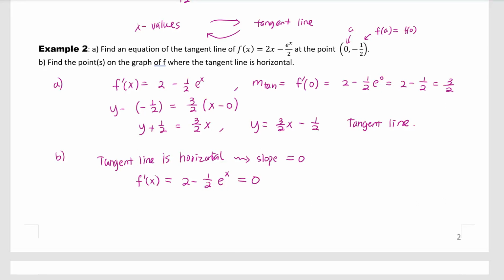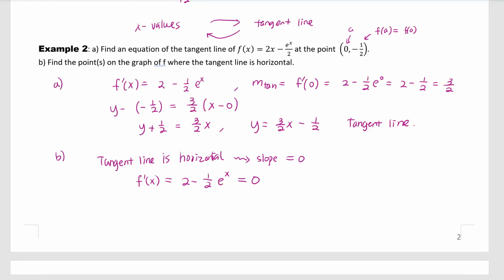Don't plug in x is 0. See? Part A, you plug in x is 0, okay? Because you're looking for the tangent line at 0. But part B, you're looking for the points on the graph where the tangent line is horizontal. So your f prime is 0, and you want to solve for x. How do you solve for x?